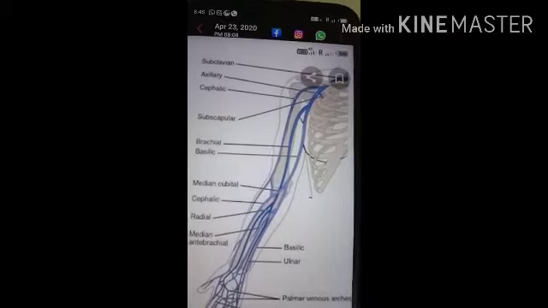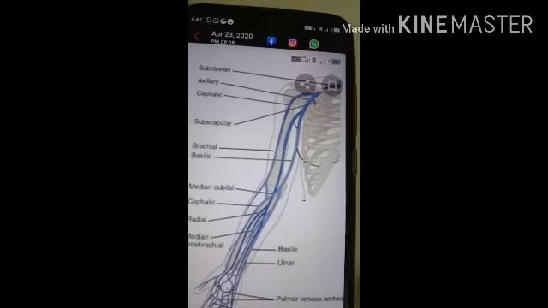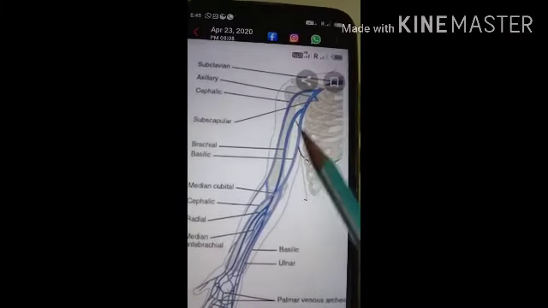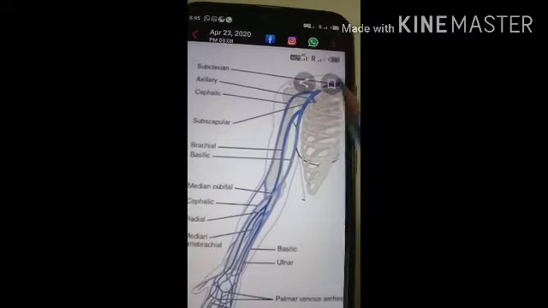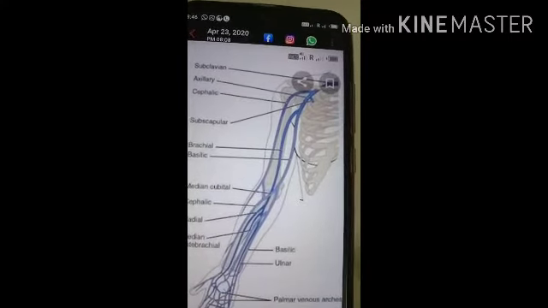The second is the brachial vein. There are two present, one on each side of the brachial artery. And the third is the axillary vein.